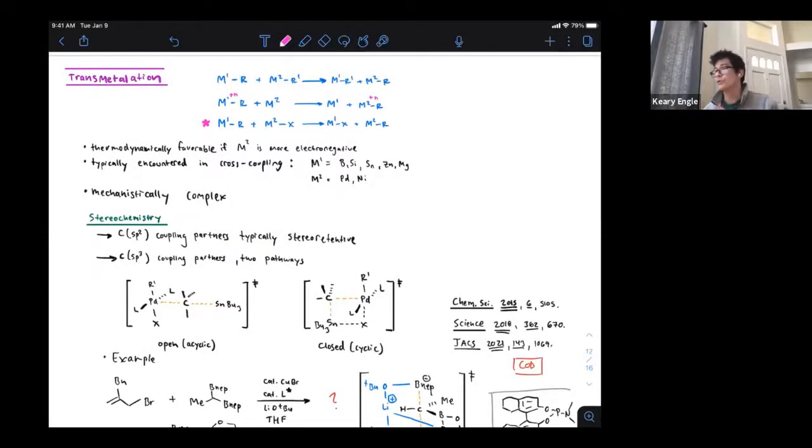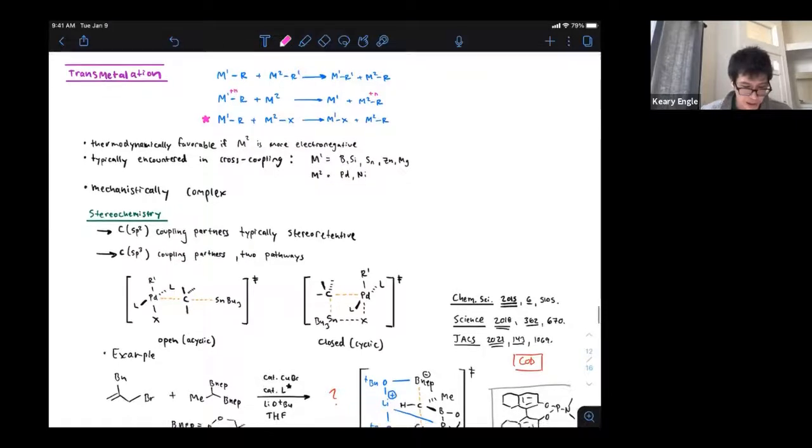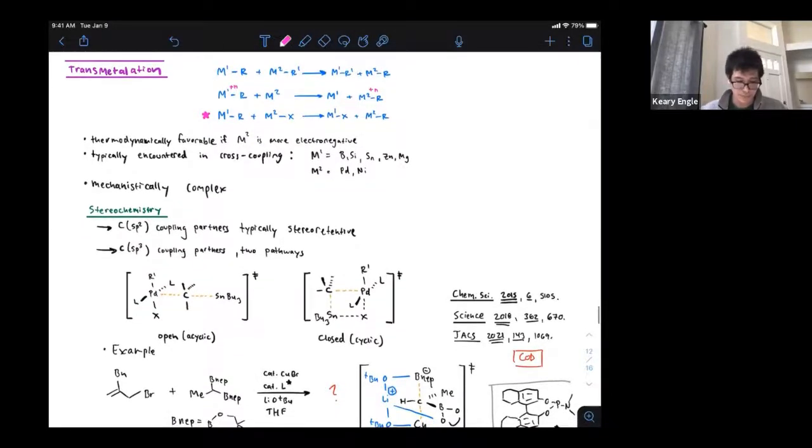So you can transmetallate between two organometallic reagents. You can have this sort of so-called redox transmetallation, where you have a metallic form, zero oxidation state form of a metal, and then you get transmetallation with concomitant redox adjustment, and then transmetallation between an organometallic and a metal X, which is a common theme that we'll see in cross couplings.